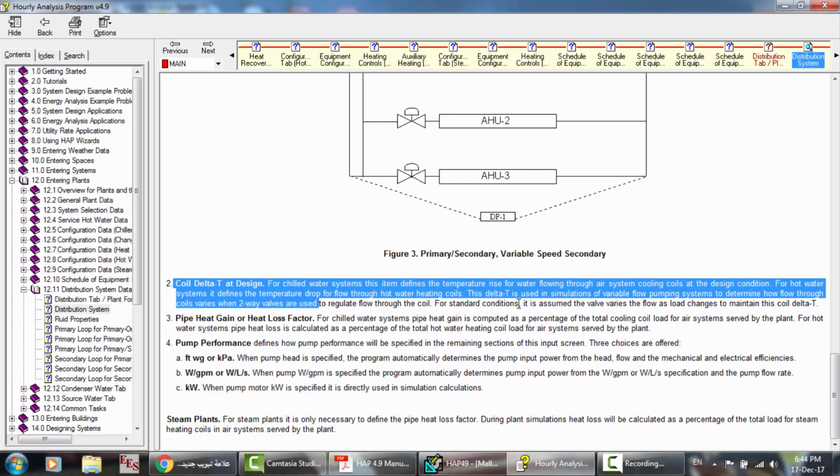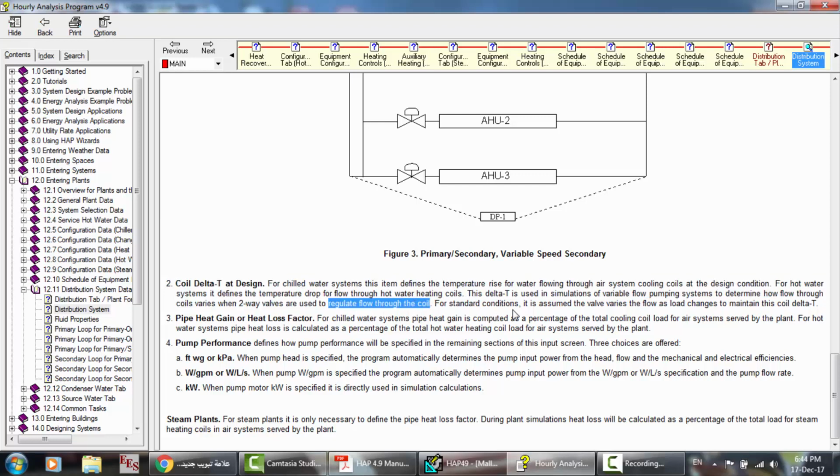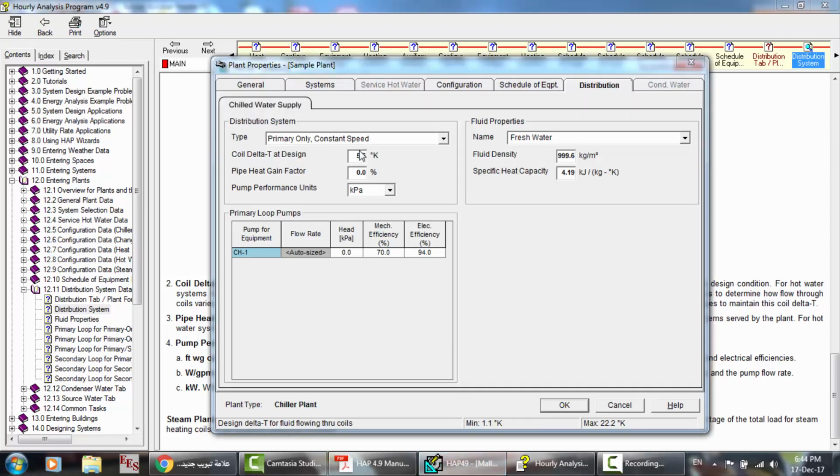So this delta T is used in simulations of variable flow pumping systems to determine how flow through coils varies when two-way valves are used to regulate flow through the coil. For standard conditions, it is assumed that the valve varies the flow as load changes to maintain this coil delta T. Okay, so you have to get this delta T if this is chiller or for the hot water.